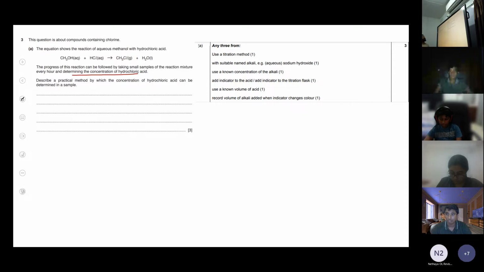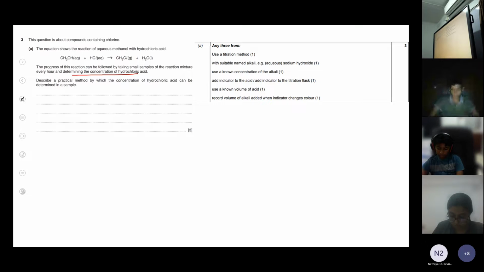Okay. Describe a practical method by which the concentration can be determined. First one, you write titration. To do the titration, you have to measure something into the conical flask.